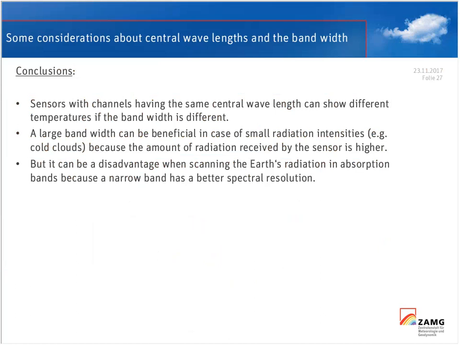So this leads me to my conclusion on the considerations about the central wavelength and bandwidth. Three conclusions. Sensors with channels having the same central wavelength can often show different temperatures if the band is different. That's what you have seen in the first image of the night microphysics RGB, two different temperatures.